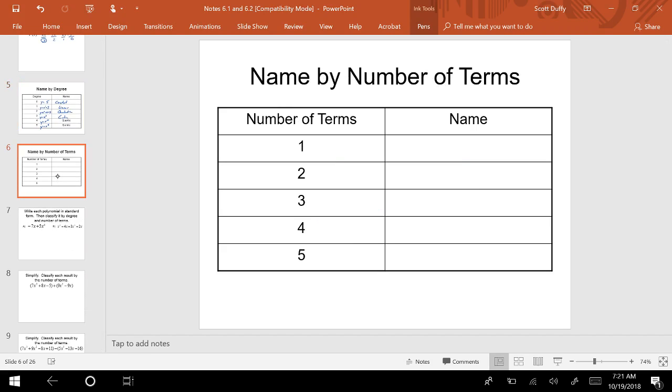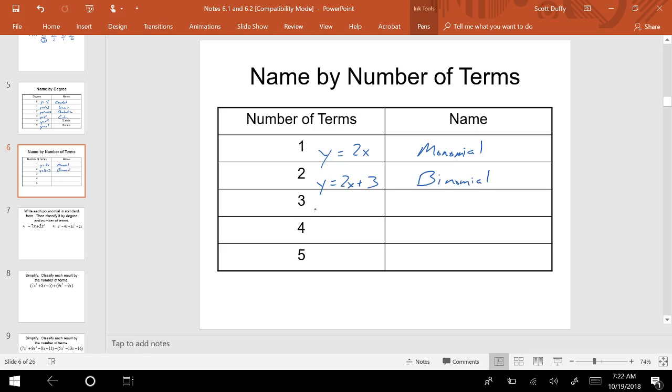If you're naming by the number of terms, one term would be a monomial. So if you have y equals 2x, there's only one term, that would be a monomial. If you have two terms, something like 2x plus 3, that would be a binomial.